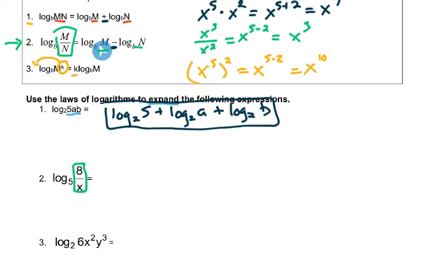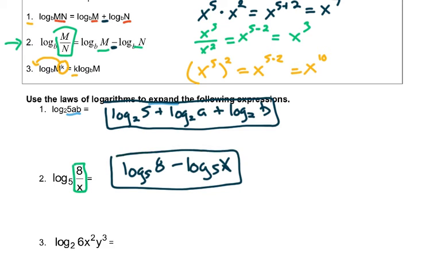Notice that the positive one is the one on top. The one we're subtracting is the one in the denominator. So we could rewrite this as log base 5 of 8 minus log base 5 of x. And this would be our answer. Again, there's not really any math. We're just rewriting these.